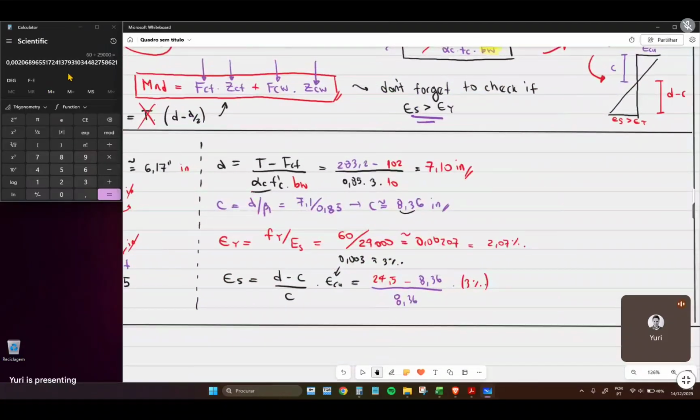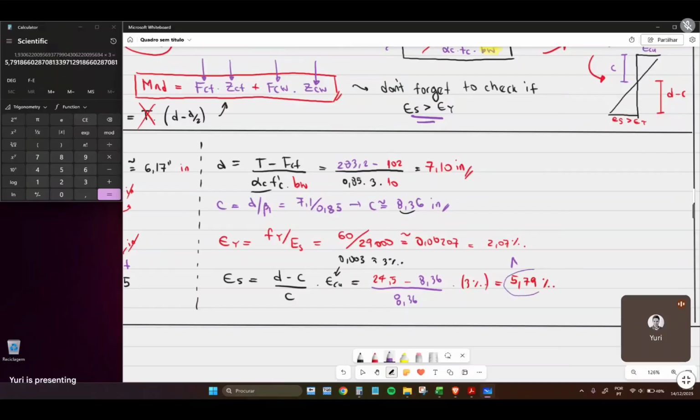All right, so calculating here, we have 24.5 minus 8.36, divided by 8.36, times 3. So around 5.71 over 1,000.